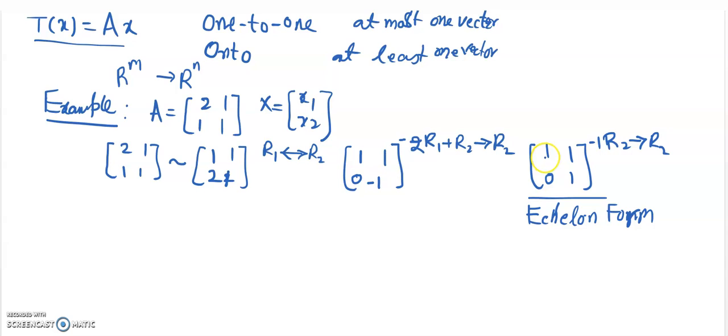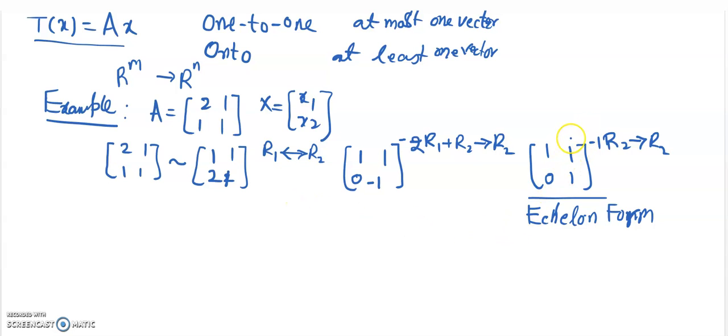In this echelon form, we can see that every column has the pivot position. For example, this first column has the pivot position of 1, and the second column also has the pivot position of 1, and similarly each row has a pivot position over here.